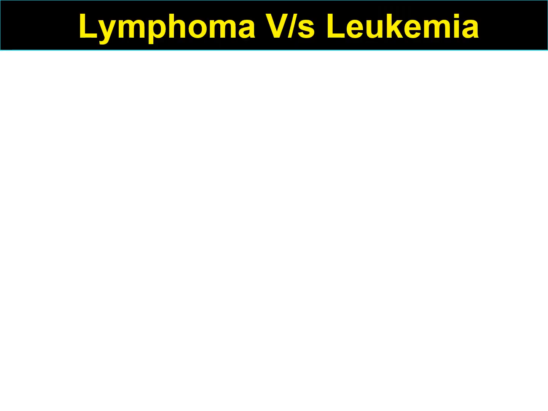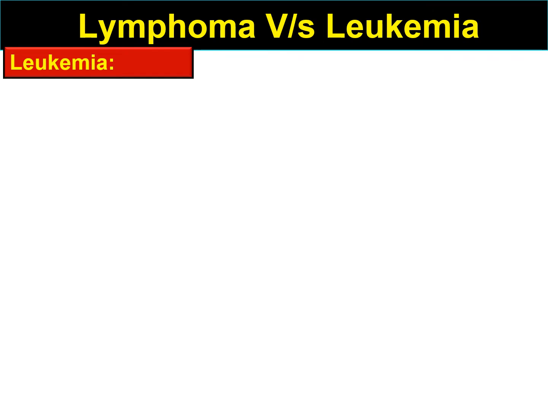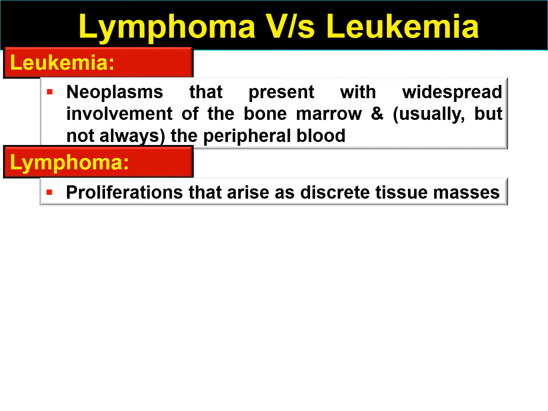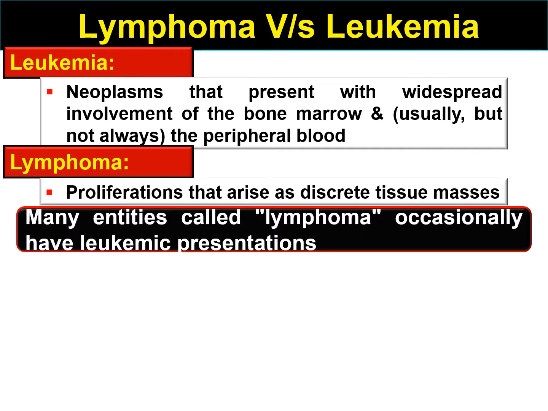Though there is a clear distinction between lymphoma and leukemia, sometimes these terms may be confusing, or the clinical presentation may confuse the physician. Leukemia is the neoplasm that presents with widespread involvement of the bone marrow and the peripheral blood, while lymphoma is the proliferation that arises as a discrete soft tissue mass.